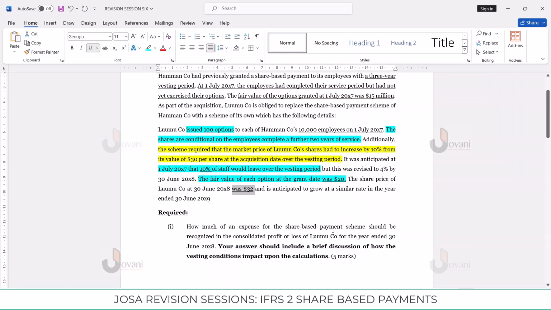because you have information in the question. You have 100 options, 10,000 employees, 10%, 20. Now, what does this mean? No mark. Therefore, the equity will increase and the payment expense in the statement of profit or loss.